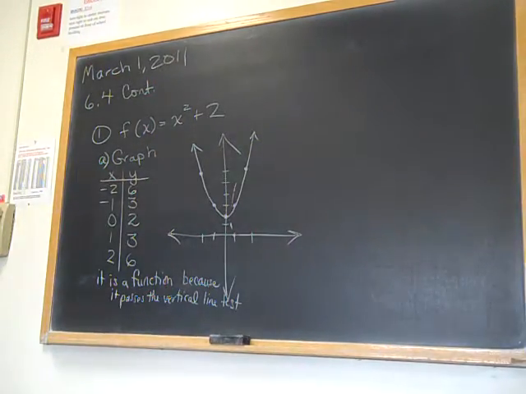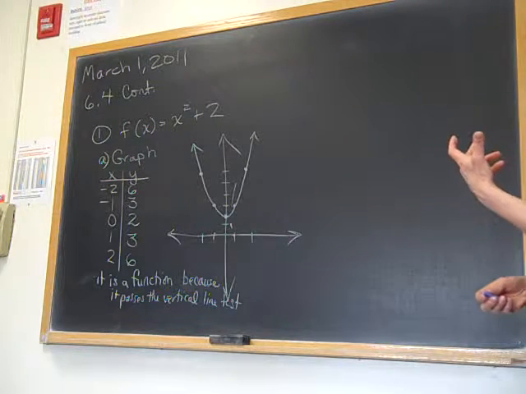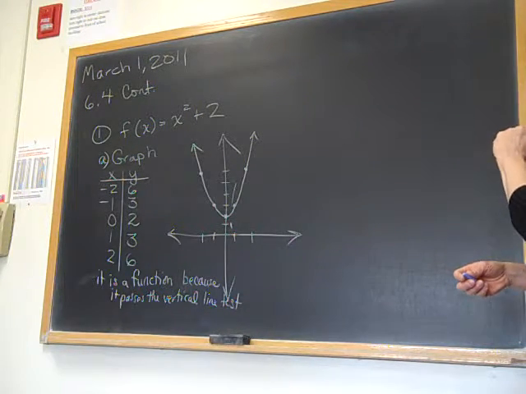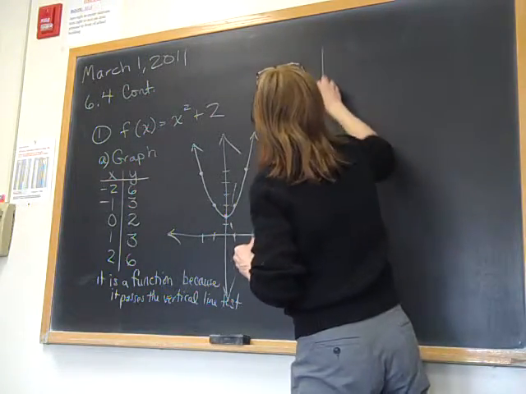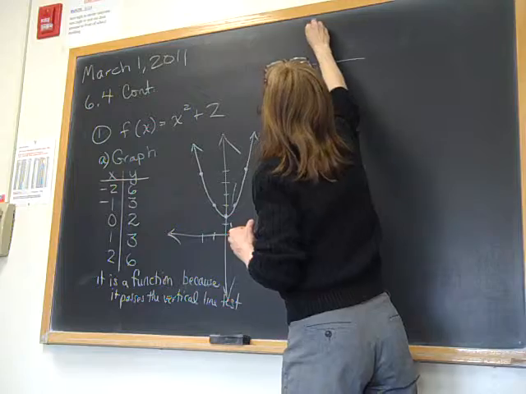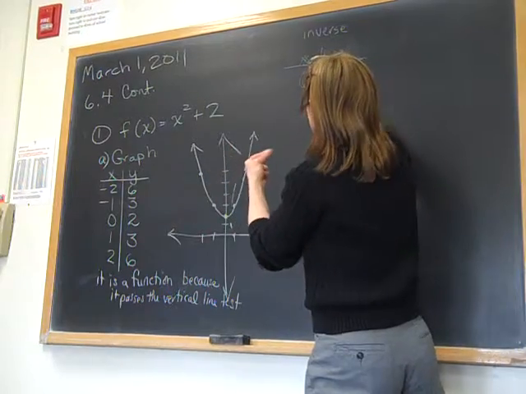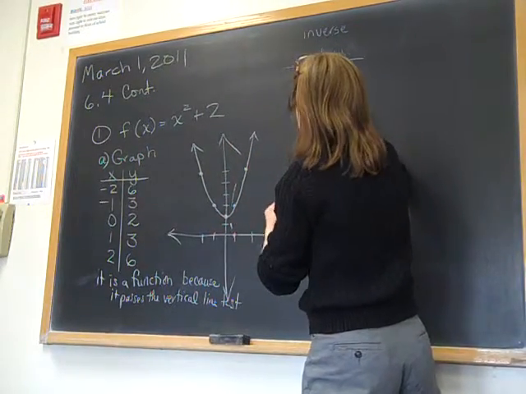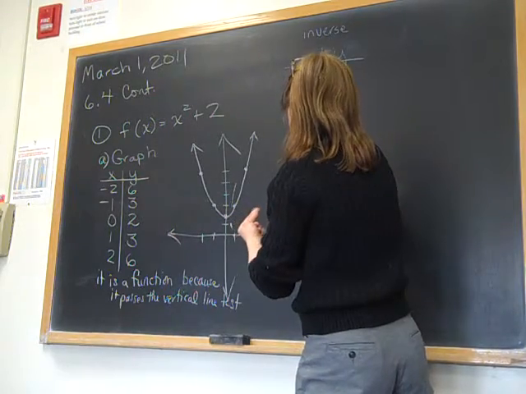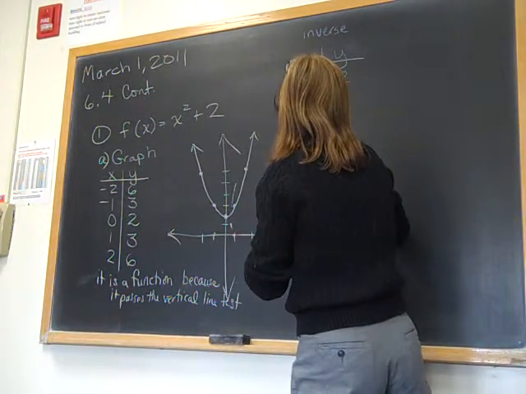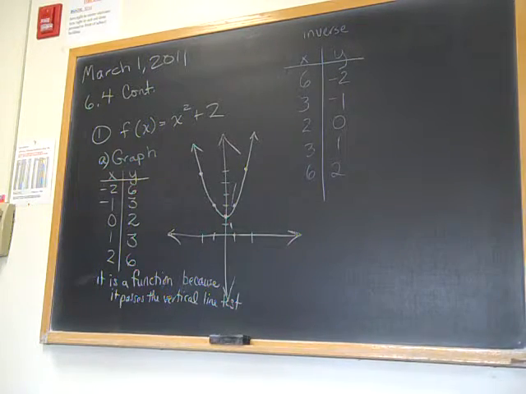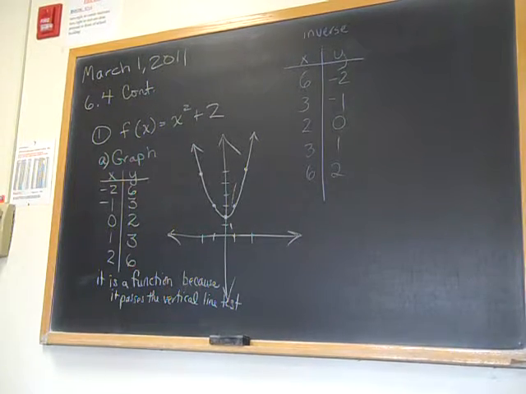Now, from yesterday, do you remember how we find the inverse? How do we find the inverse of a function? What do we do if we have the chart? You switch it. We switch the x and y's. So for the inverse, we're going to put the y's in the first column, the x's in the second, reverse all the orders on the ordered pairs. So I believe we will get the purple chart.